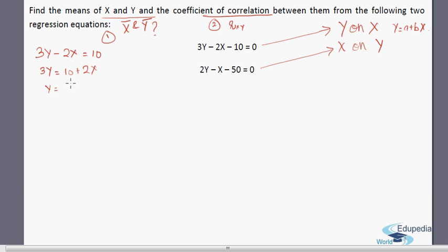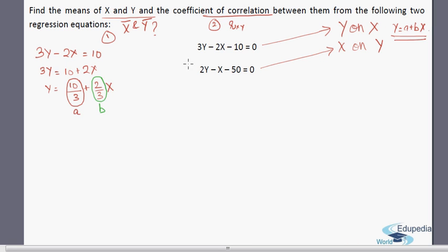And then y would be equal to 10 by 3 plus 2 by 3 x, right? And if we compare it with the standard form, then we see that this value is supposed to be the value of a and this is supposed to be the value of b.